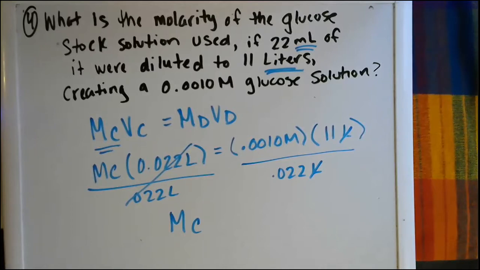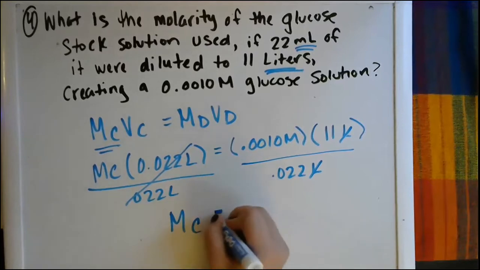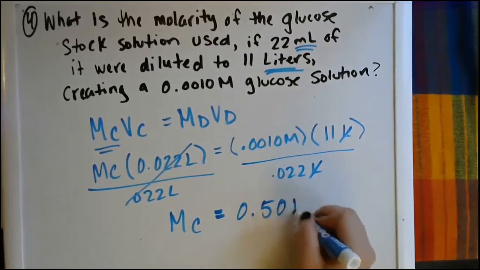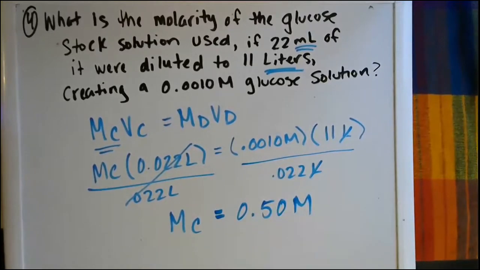It's 0.5 molar. Okay, so that's all of the types of dilution questions that you would see. You really are not going to have to worry about using this equation except for when you read the word dilution in a problem. All right, it's pretty specific to that.